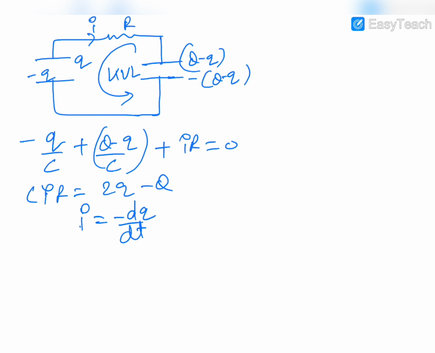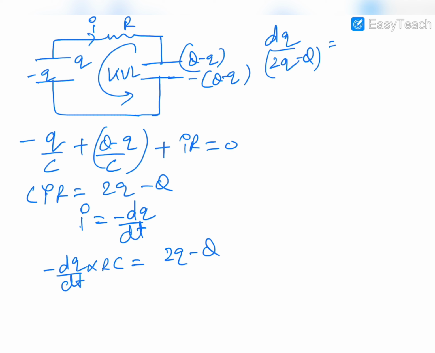So this is minus dq by dt into RC is equal to 2q minus Q. So dq upon 2q minus Q is equal to minus dt by RC. So integrating both the sides, we know that the integration of this would be ln of 2q minus Q divided by 2, and this is minus t by RC.